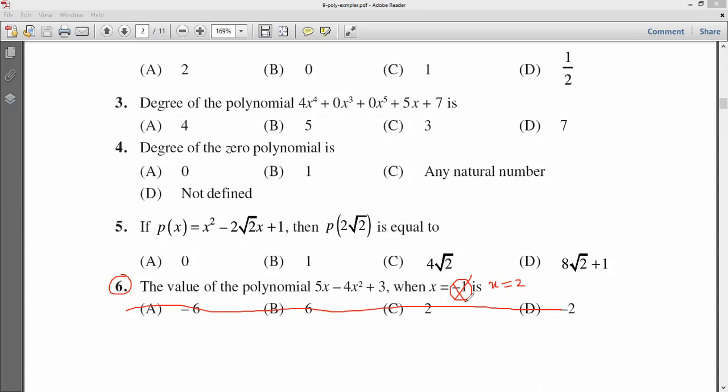In place of x, you write 2. Yes, sir, I'm calculating. Sir, can I tell? Yeah, tell. Sir, -3. You're telling -3. And Rohan, what about you? How much time will it take to calculate? It doesn't take more than 30 seconds if you do it properly and fast.